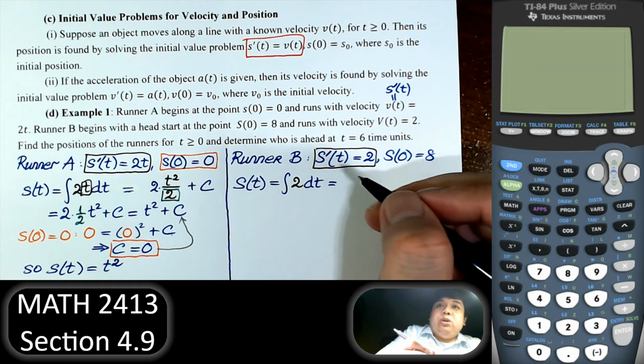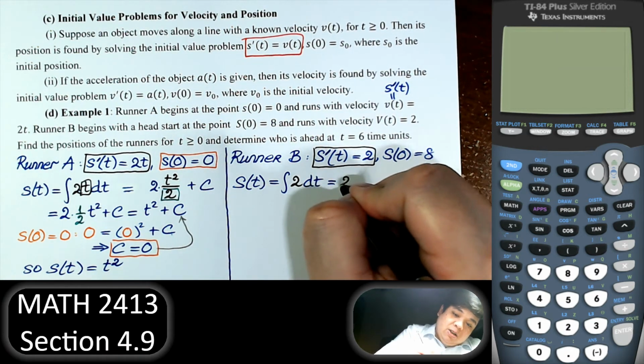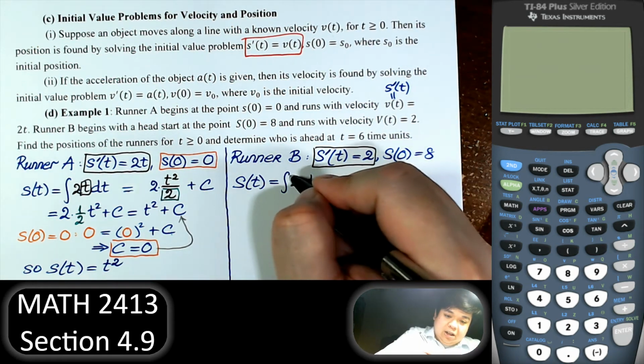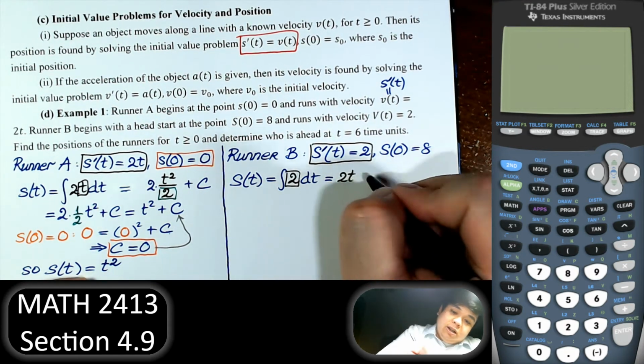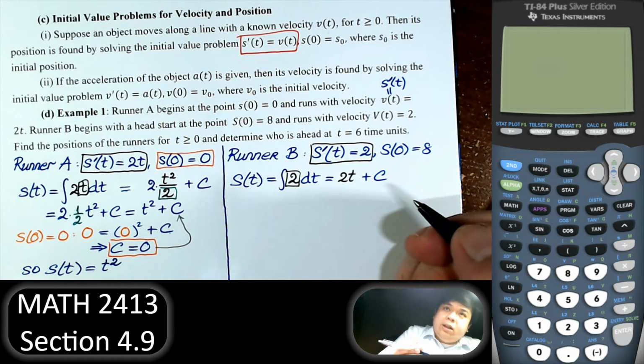Now 2 is just a constant. The constant rule says it's just that constant times the variable. That is the integral of a constant 2, and then plus the constant c. And that's it.